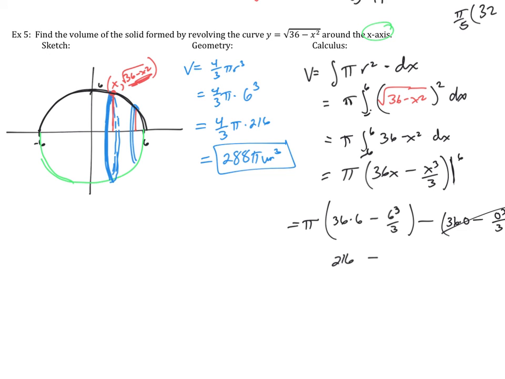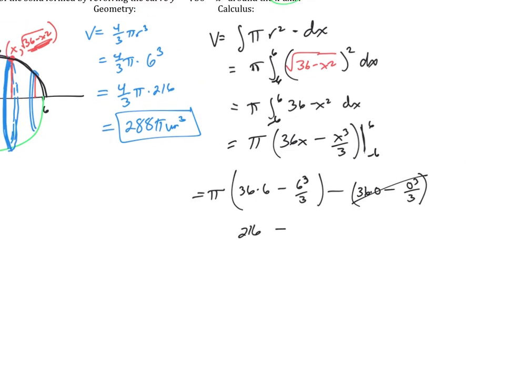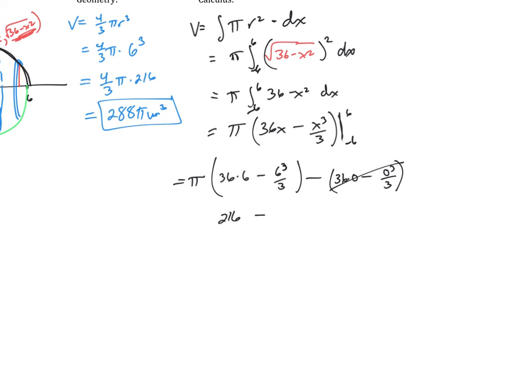So I'm going to go back and fix that. That's going to be a -6 to 6. And yes, I need to fix that here also. 36 times -6 minus -6 cubed all over 3. And I'm getting 216 minus 72. Be careful with your parentheses here. It's a negative 216 plus, because it's going to be minus a negative 72.